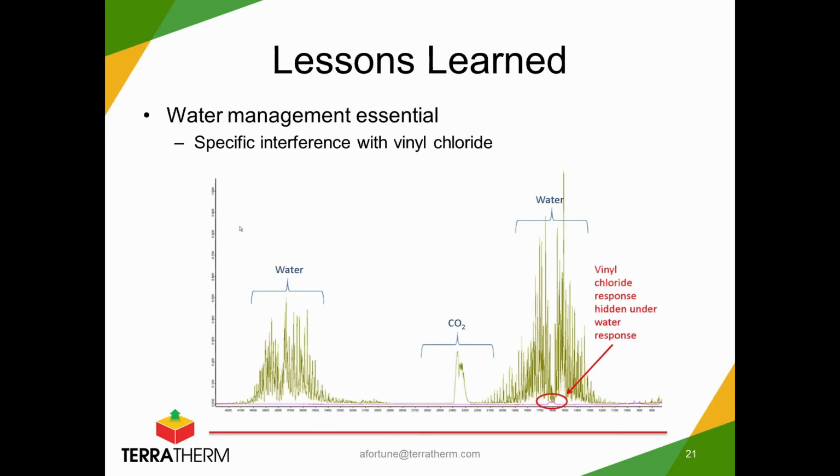One of the lessons learned from this exercise was the interference of water vapor. And we learned that the water management was essential when we were monitoring for vinyl chloride. So vinyl chloride was one of the chlorinated breakdown products which we were monitoring. There is a specific interference with water vapor.